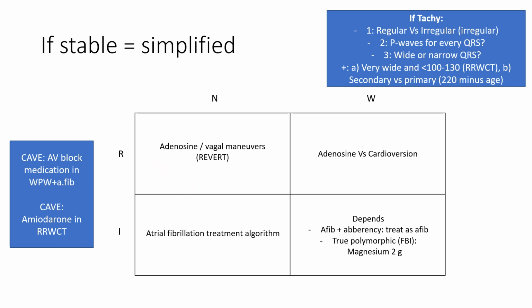And the AVNRT and AVRTs, they will usually convert if you give adenosine in a big vein, like a cubital vein, and you give it with a flush, and then you can repeat it. I've had a couple of patients with this where they first gave it in the hand, and that's way too far away. And with a much smaller dose, we could convert the patient.